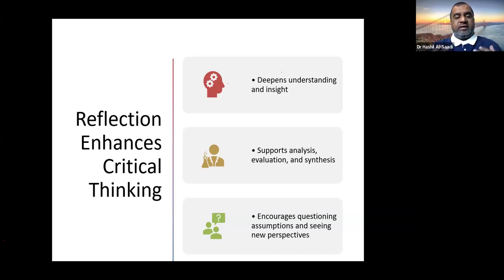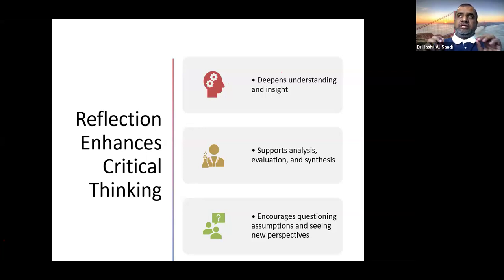So how reflective thinking could also help you develop critical thinking, which is also an important attribute of students as well, and of course everyone else. So this shows us how reflection can also help you become more critical about yourself, critical about your thinking, about your practices, and critical about the world around you.